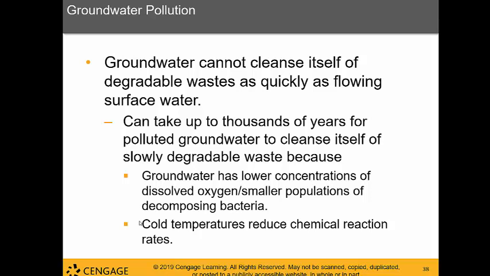Pollutants found in groundwater break down even more slowly because of the cooler conditions underneath the ground and lower concentrations of decomposing bacteria in areas that generally don't have much oxygen, and that means that it can take up to thousands of years for polluted groundwater to cleanse itself of the same amount of pollution that might only take months or weeks to be broken down in a stream or river.